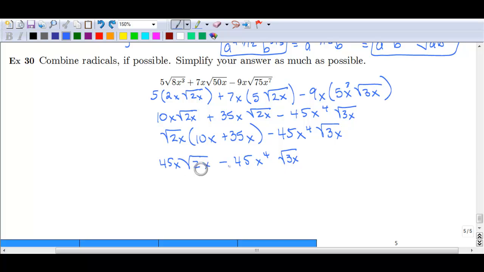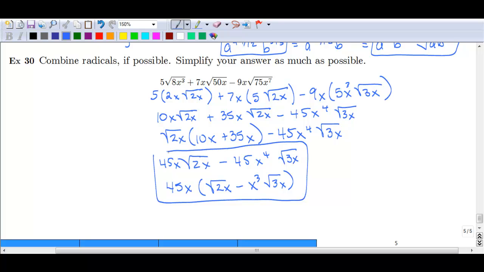If instead you want to try to factor as much as possible, and this is where you have to be careful what the problem is looking for, it is possible, since these both have a 45x in them, that we can factor out our 45x. In that case, we'd be left with a square root of 2x minus an x cubed square root of 3x. Again, either of these answers is acceptable. It just depends on what the problem is asking for.